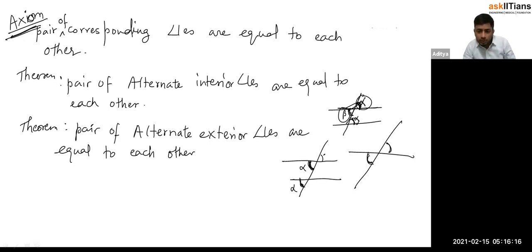So if this is alpha, this will also be alpha. And if this is alpha, then this will also be alpha because both of these are actually a pair of vertically opposite angles. So that's how we have proved that if this is alpha, this is also alpha, and hence the pair of alternate exterior angles are equal, right? Now, apart from this, we can also write another theorem.